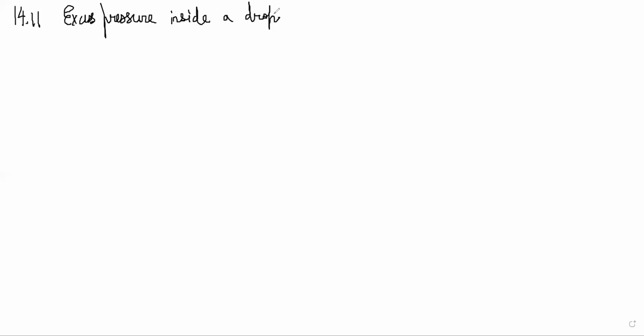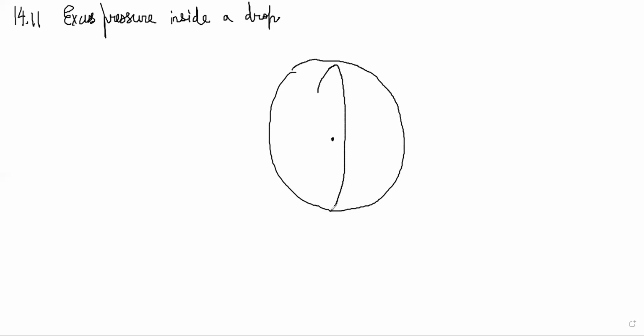ABCD is a plane through the center of the drop, and it is a diametric plane. Do you understand what that means? So this is the center. You create a plane like this, a circle basically. This is a circle ABCD, which basically divides the sphere into two hemispheres, right?